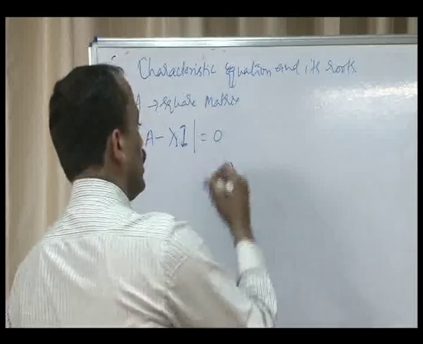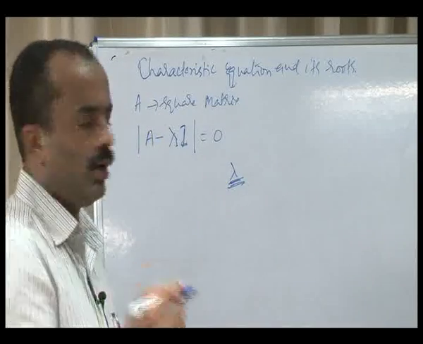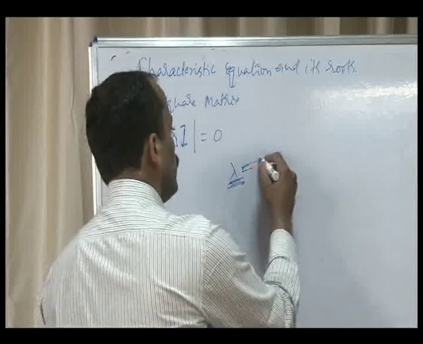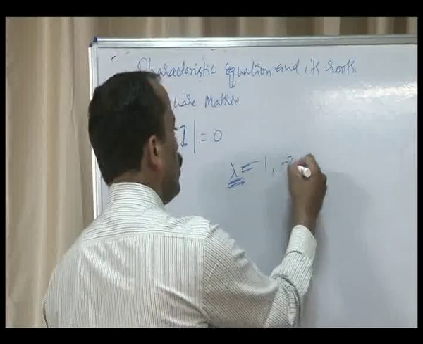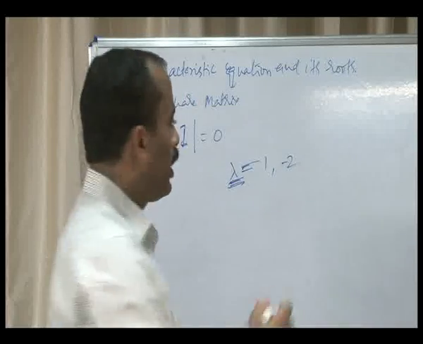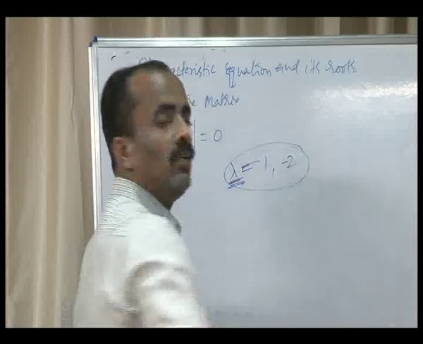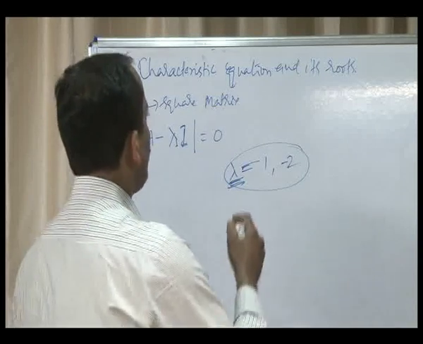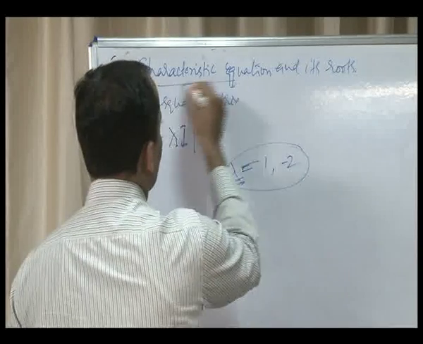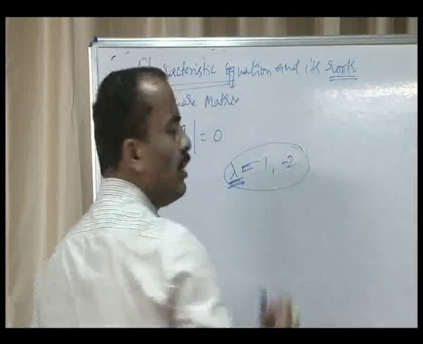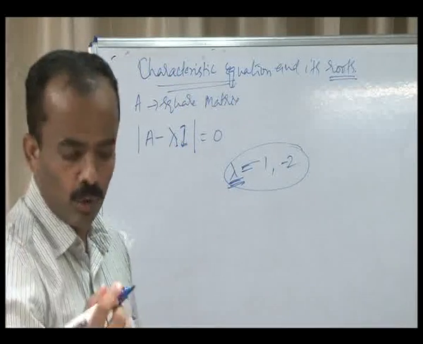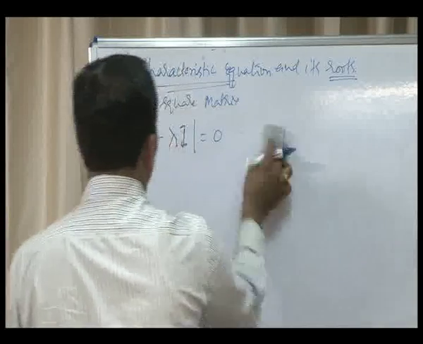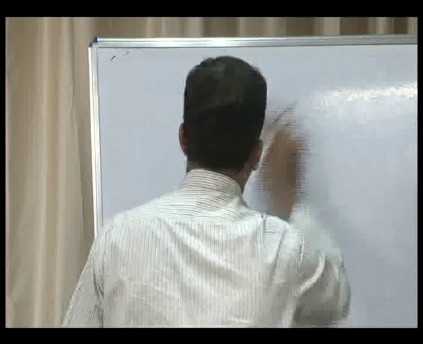You simplify or factorize that equation, and we get values of lambda, for example 1 and 2, or 1 and minus 2. These values are called eigenvalues, and they are also called characteristic roots. Let us solve one problem, then we can understand better.